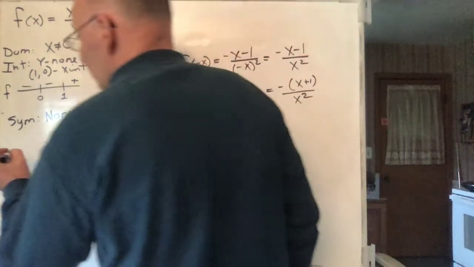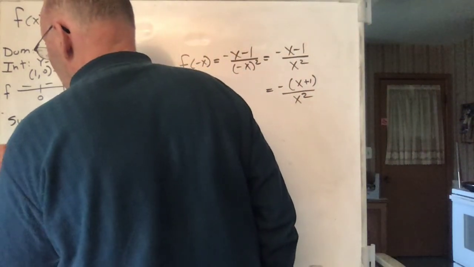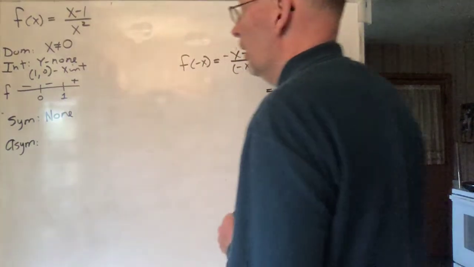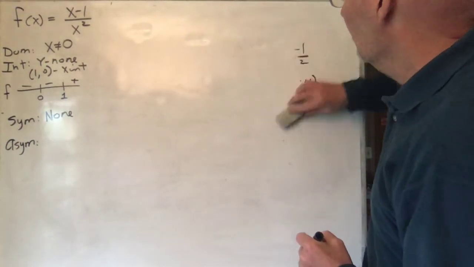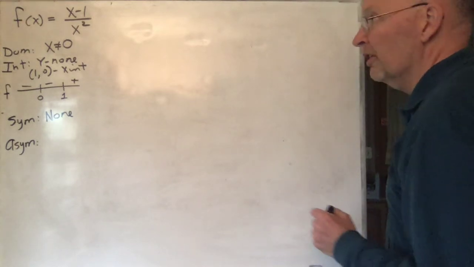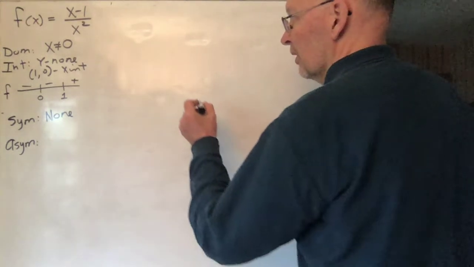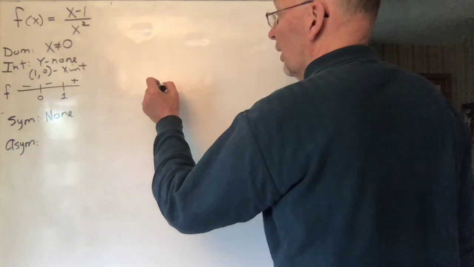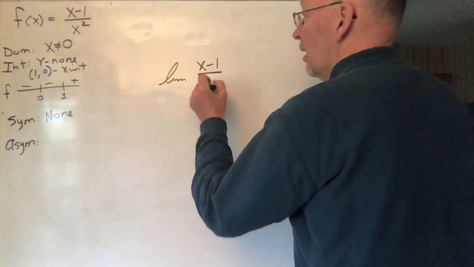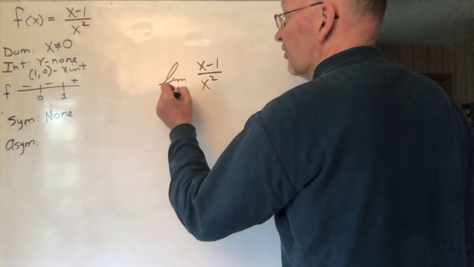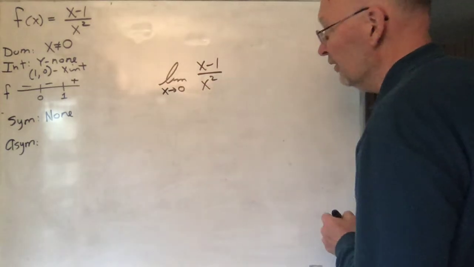Then what? Asymptotes. Well, we have a place where the denominator goes to 0. So that will more than likely lead to a vertical asymptote. Let's see if it does. We'll look at the limit of this function as x goes to 0. Here's the way I like to do it.